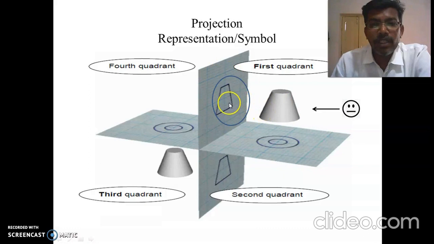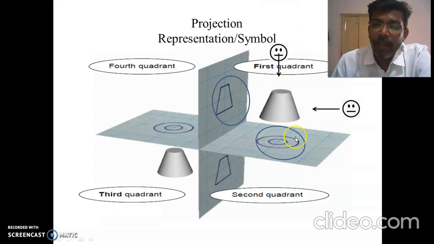This is called the front view of the object, as you are seeing from your front. In the same way, when you are looking at the object from the top of it, the view of this particular object is going to appear on the horizontal plane like this.